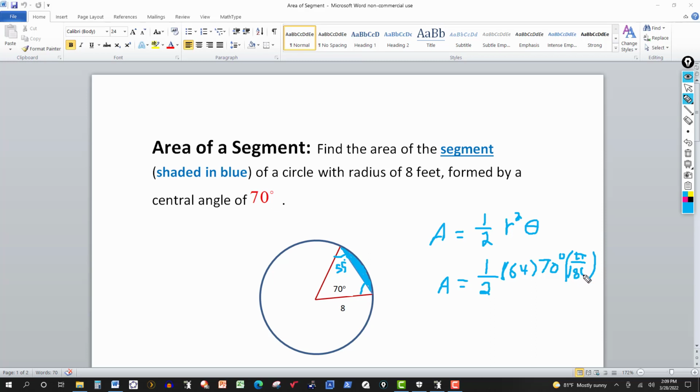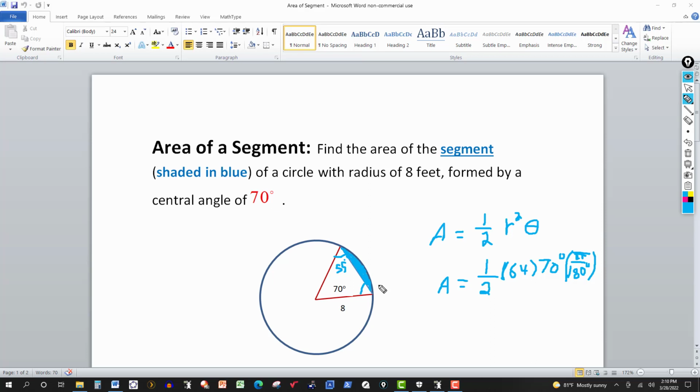That's a conversion factor going from degrees to radians. So the degrees would cancel out, and that would give me the area of the sector. Now we subtract the area of the triangle, and that would give me the area of this segment right here in blue.